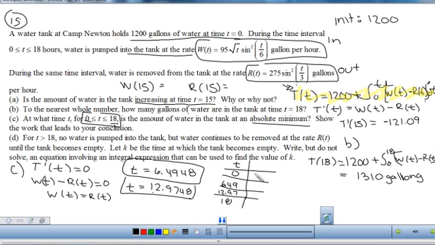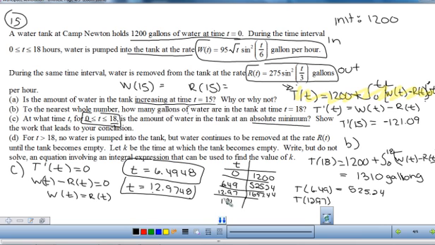At 0, there was 1200. At 6.49, I find T of 6.49, put that in my formula, and that turns out to be 525.24. I do the same thing for 12.97, substitute that into my equation, and that turns out to be 1697.44.